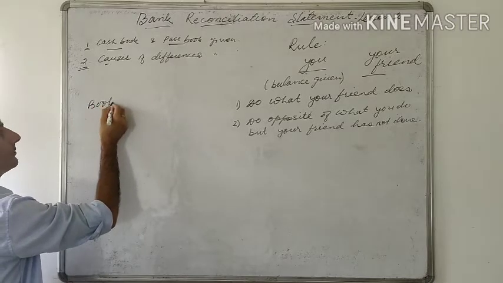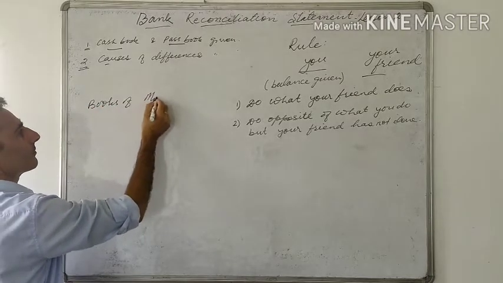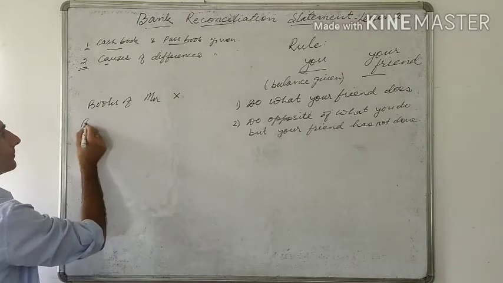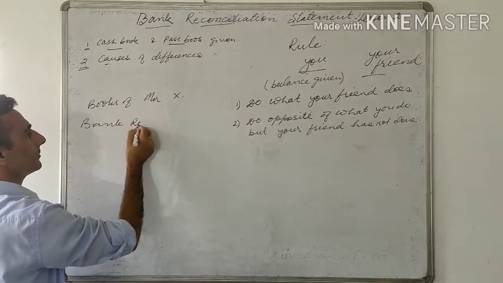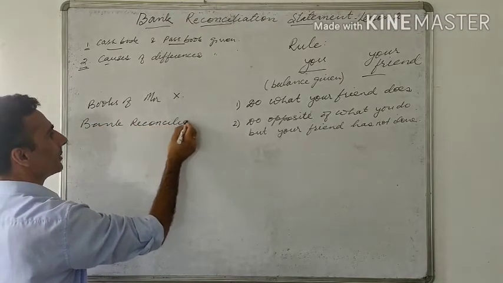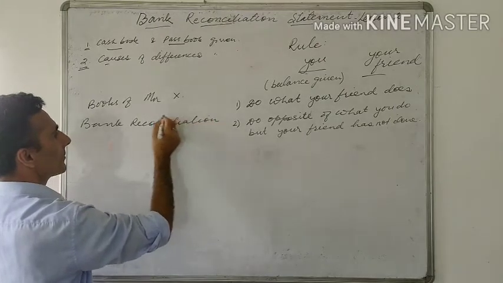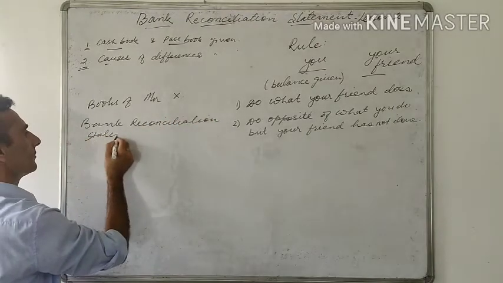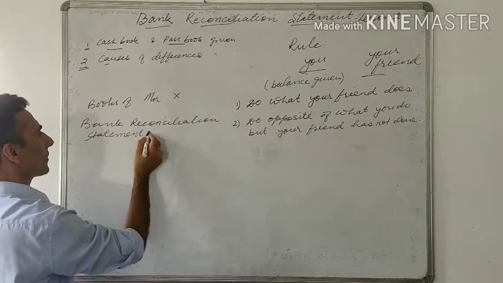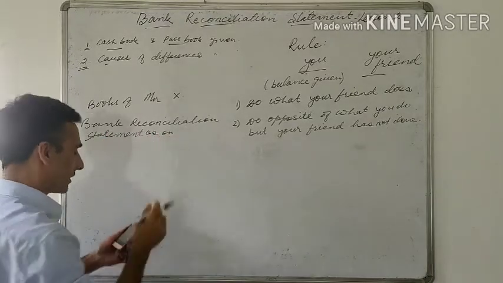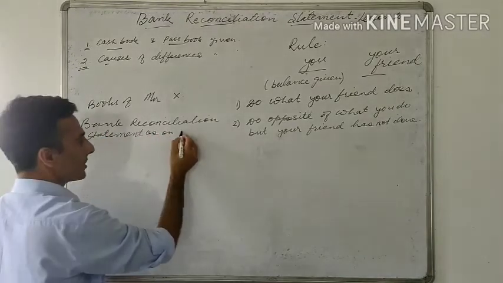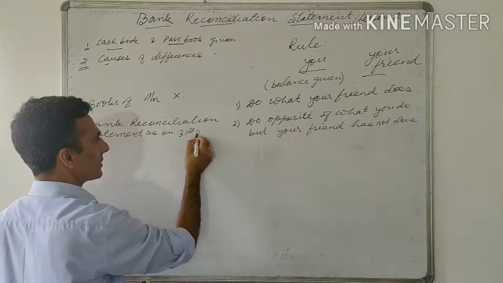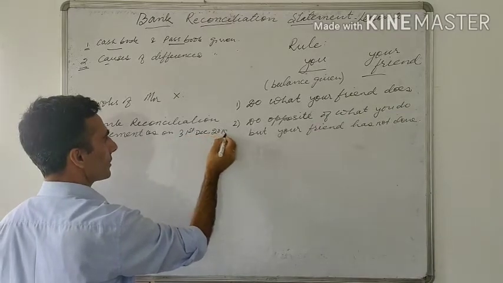Books of Mr. X, bank reconciliation statement as on, this date of reconciliation is very important, as on 31st December 2018.